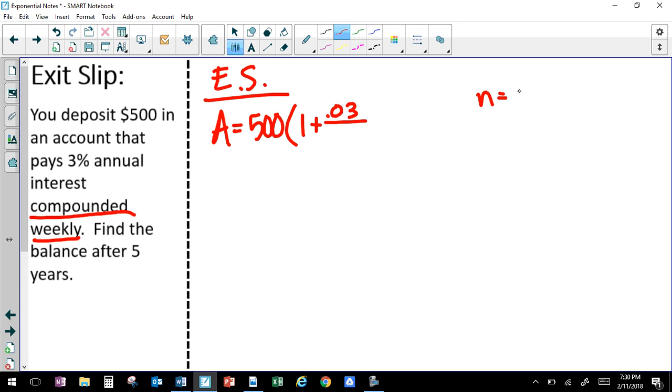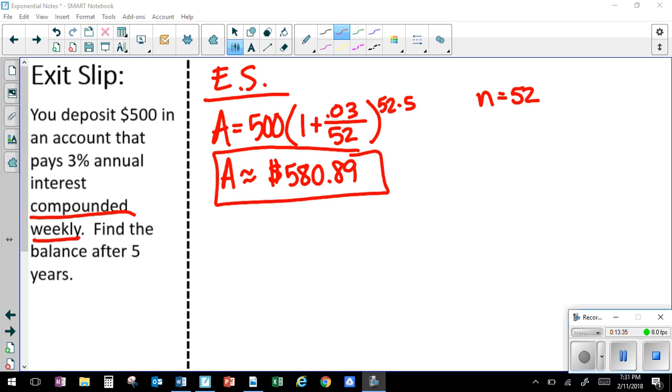So that's N equals 52. So divide by 52, all raised to the 52 times T, which it says find the balance after 5 years. So T is 5. Okay, so this is what you're typing in. And when you do that, you get A is approximately $580.89. Okay, so do a repetition and then work on your worksheet.